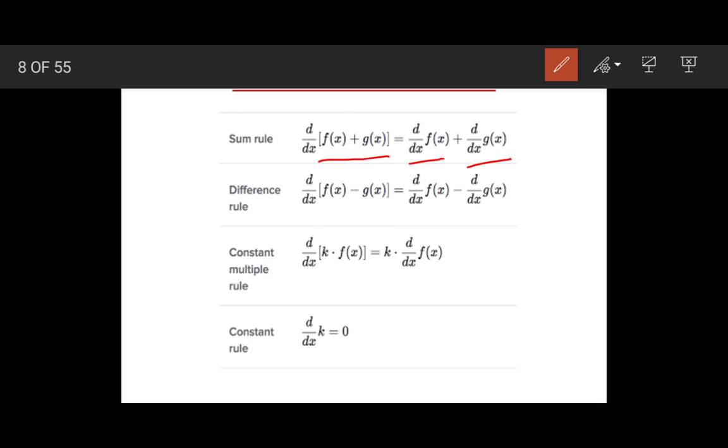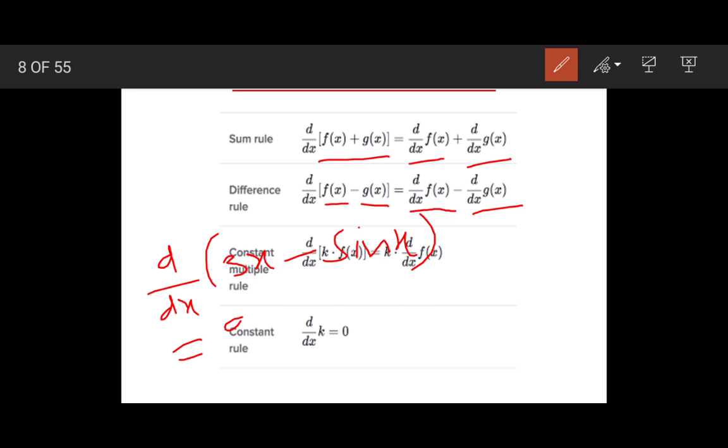Difference rule says that to find derivative of one function minus another function is the same as derivative of first function minus derivative of second function. Okay, same like the sum rule. So for example, suppose we have derivative of 3x minus sin x. So this is given in the form of f of x minus g of x.